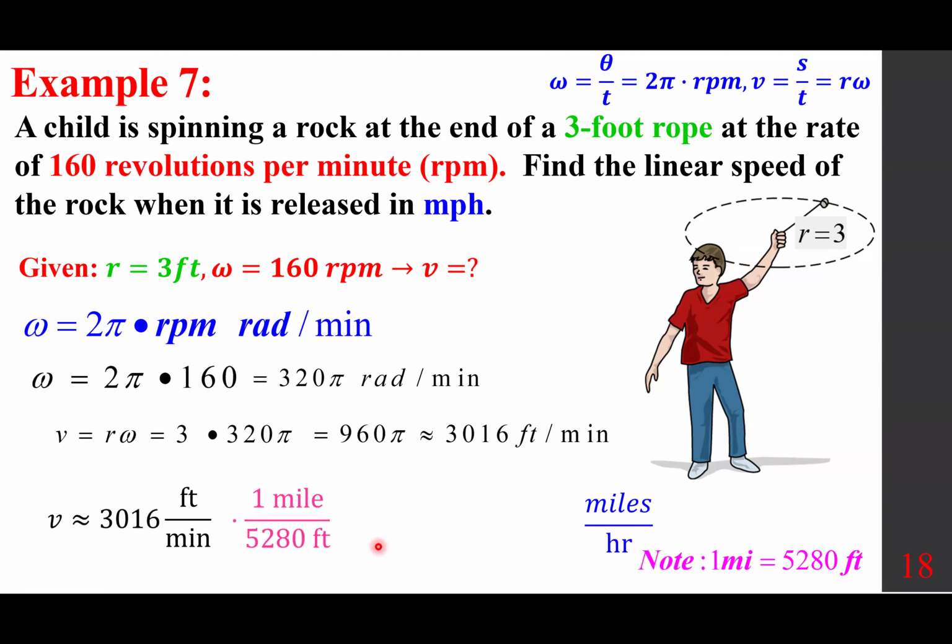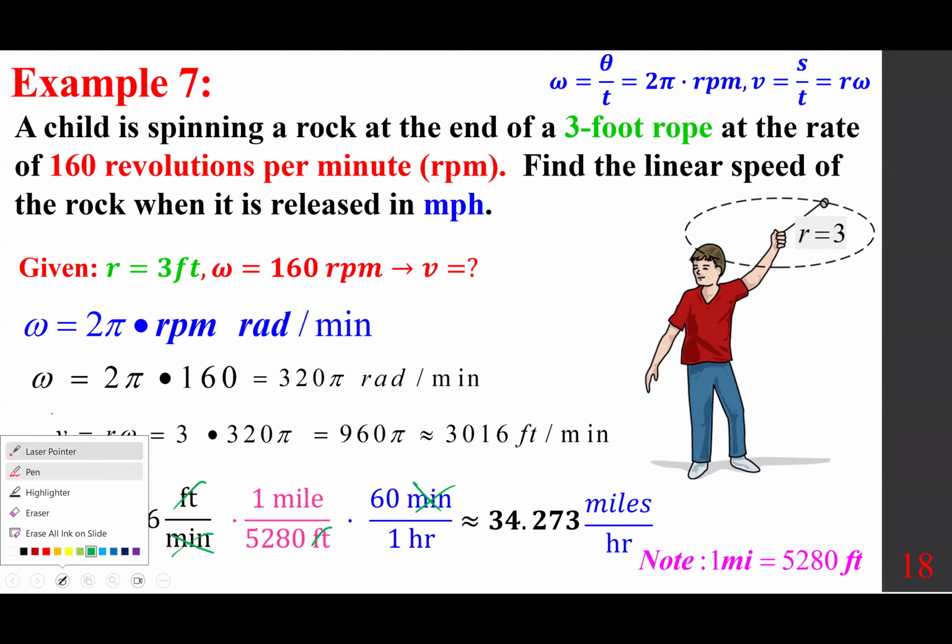Please understand this ratio or the reciprocal of that is a unit conversion, but since we want to get rid of feet and minutes, we set it up this way. Now you put it into a calculator: 34.273 miles per hour. So the conversion, I hope everybody is comfortable.